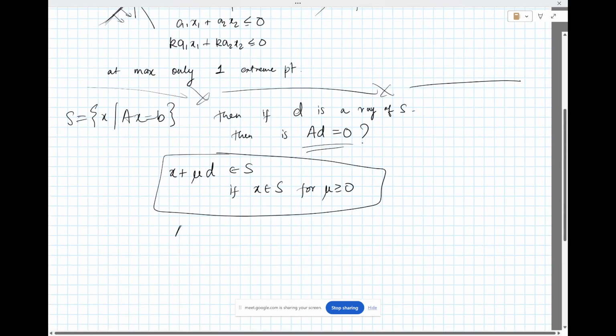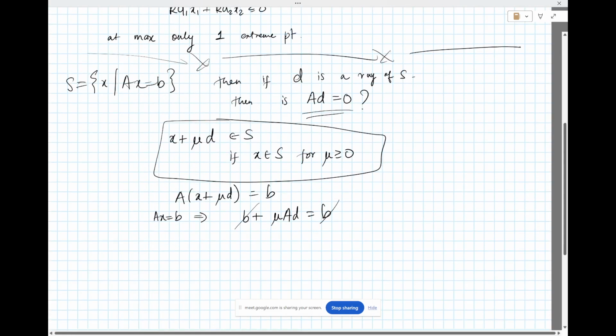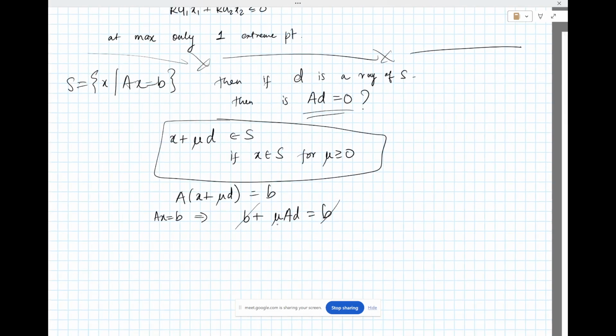So that means A(x plus mu D) is equal to B, and Ax, because x is in S, Ax is equal to B, which implies I have B plus mu AD is equal to B. This B cancelled, and this mu is a scalar.